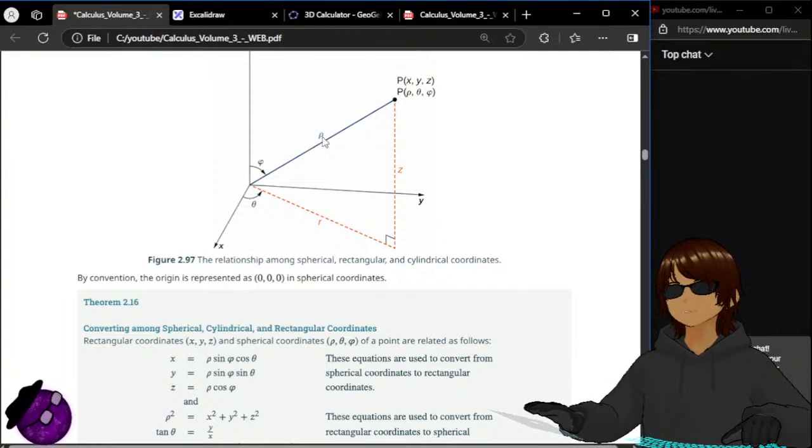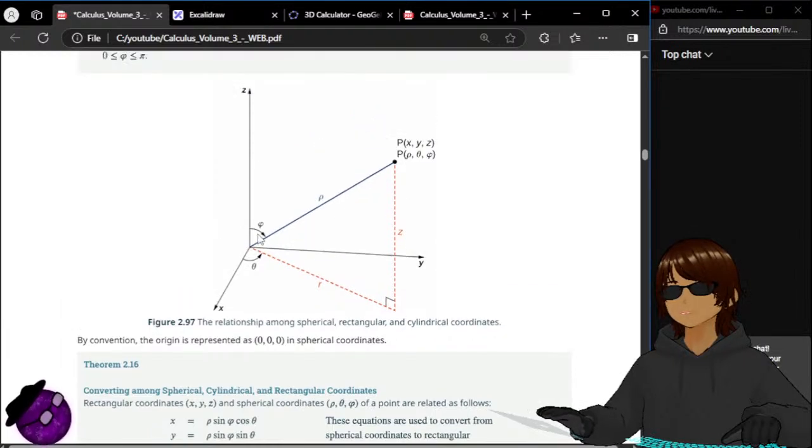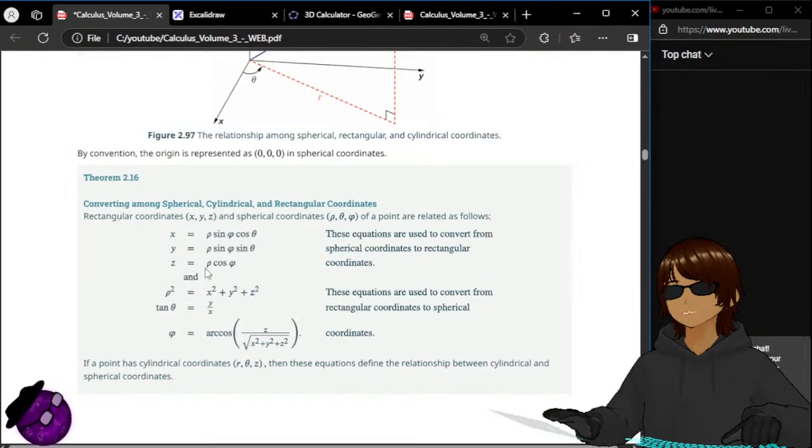I keep getting confused. Rho sin phi is this, and then sin theta of that gives the y value, and then rho cos phi would give the z value.